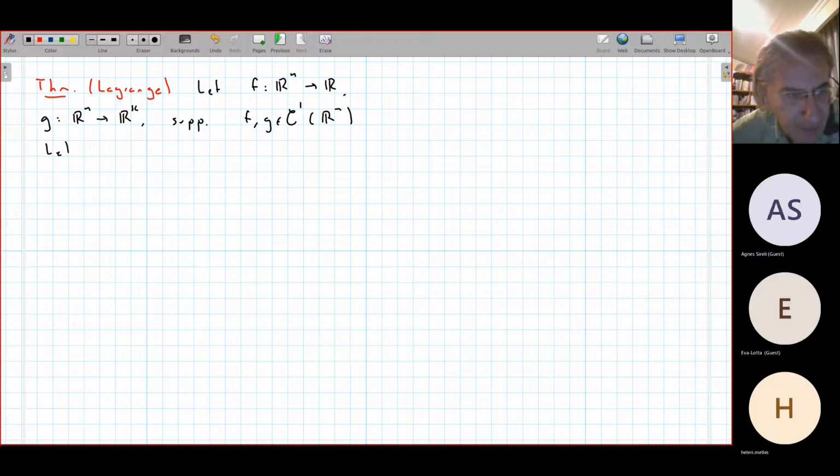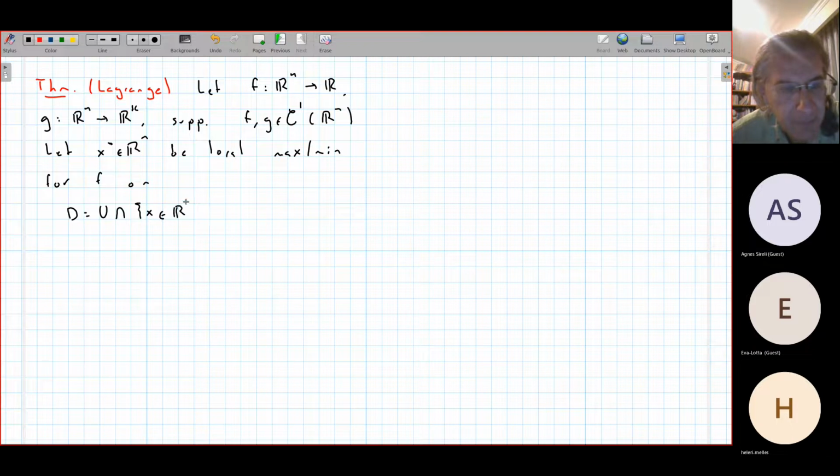Okay, let x star be a local maximum or local minimum for the function f on the following set, on the set D, which is U intersected with this region.